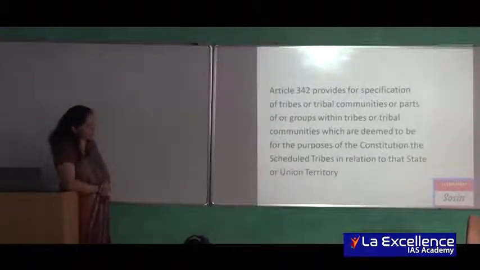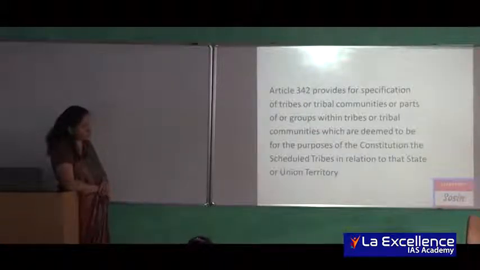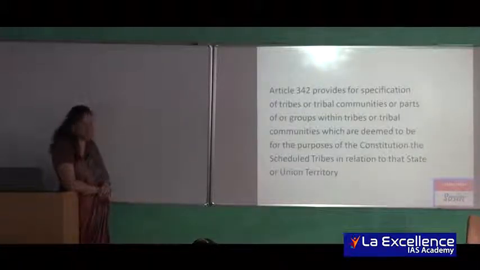Article 342 provides for the specification of tribes or tribal communities or parts of or groups within tribes or tribal communities which are deemed to be, for the purposes of the Constitution, the scheduled tribes. You haven't defined; what you have done is only that we are listing. The listing is provided based on this.